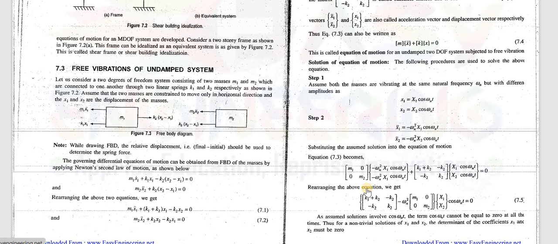So I am substituting these in this equation. I can find what x double dot is: x double dot will be the double derivative of x1. Similarly I will get the rest, and I can rearrange this as the K matrix minus omega n square into the matrix m1 0 0 m2, and the terms cos omega nt and x1 x2 I have taken as common.